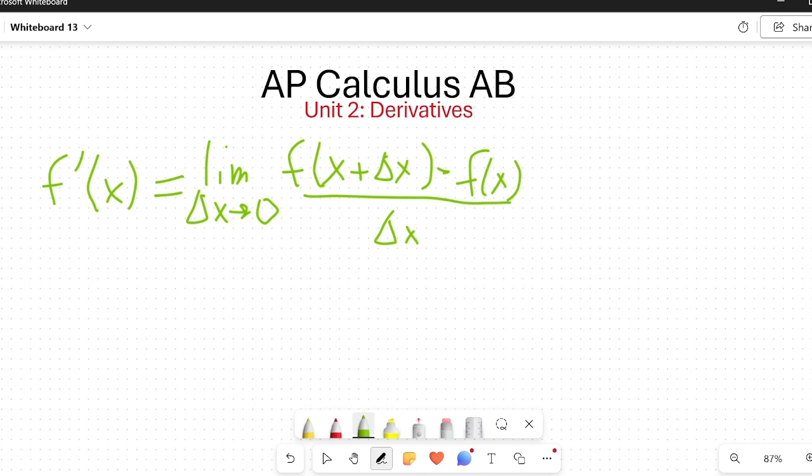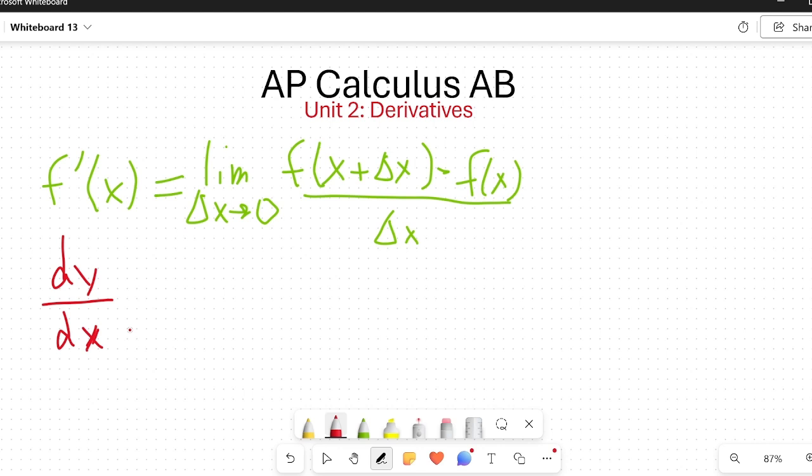So in addition to this f prime of x, there are several types of notations that we can use. The most common other one we'll see in calculus is dy/dx. This essentially means you're taking the derivative of y with respect to the variable on the bottom, which is x. This notation is going to be more helpful once we get to solving differential equations, which is going to be Unit 6.